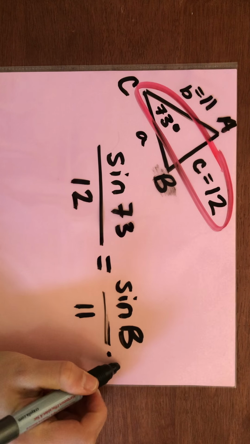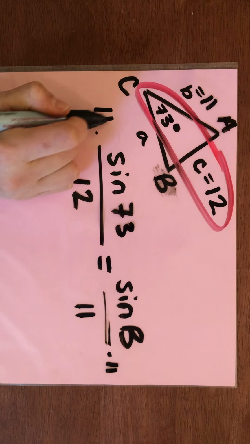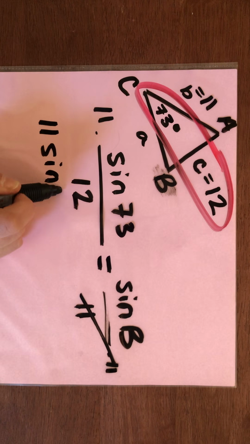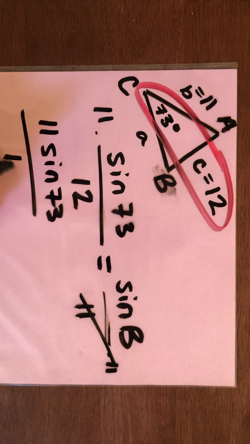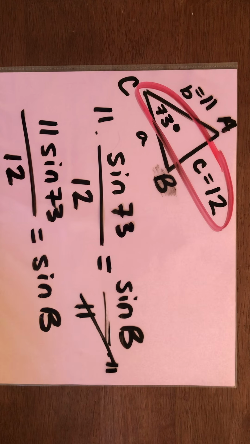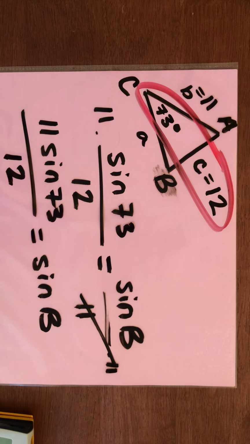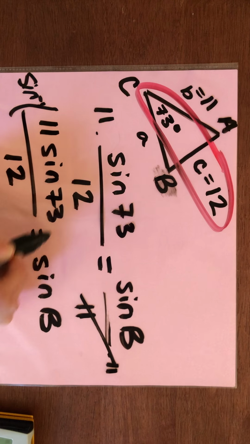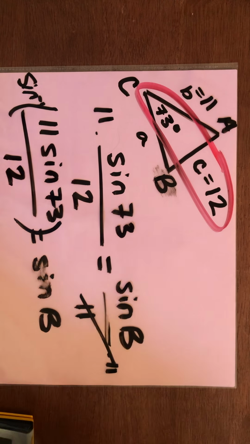All right, well, I'm going to multiply by 11. I get 11 sine 73 over 12 equals sine of B. Actually, I'm going to take the inverse. So I'm going to do sine inverse of all of that equals B.